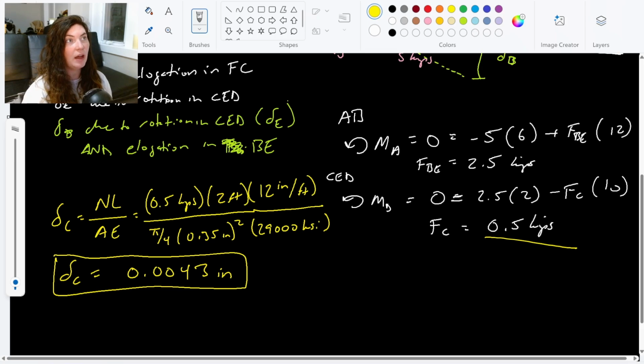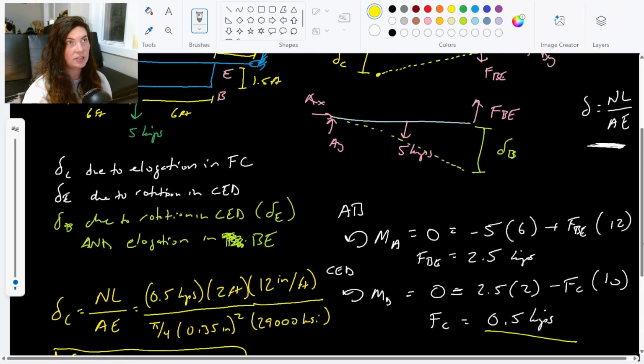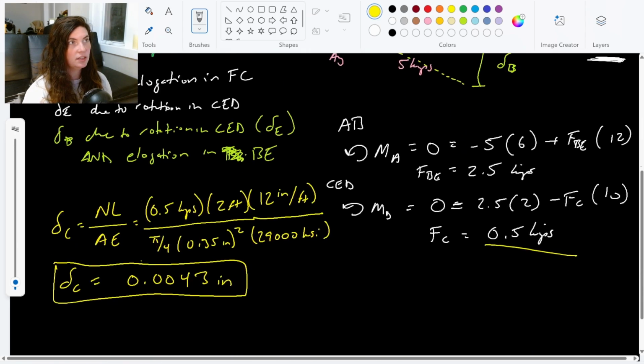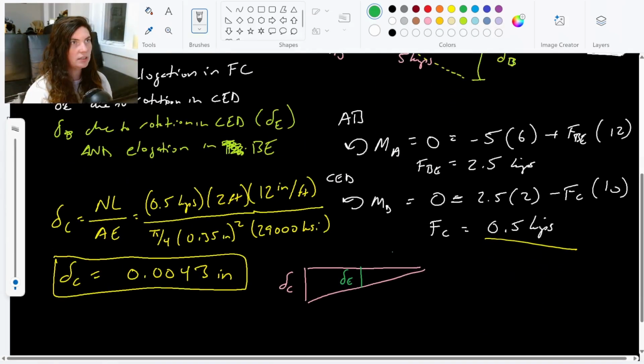Now since I have that one, I don't actually need to do an axial load equation for DE. I can just use this triangle relationship, because DE is only caused by the rotation of this displacement here. So if we draw that triangle again, where this is delta C and this is delta E, I have a length of 2 feet and an overall length of 10 feet.